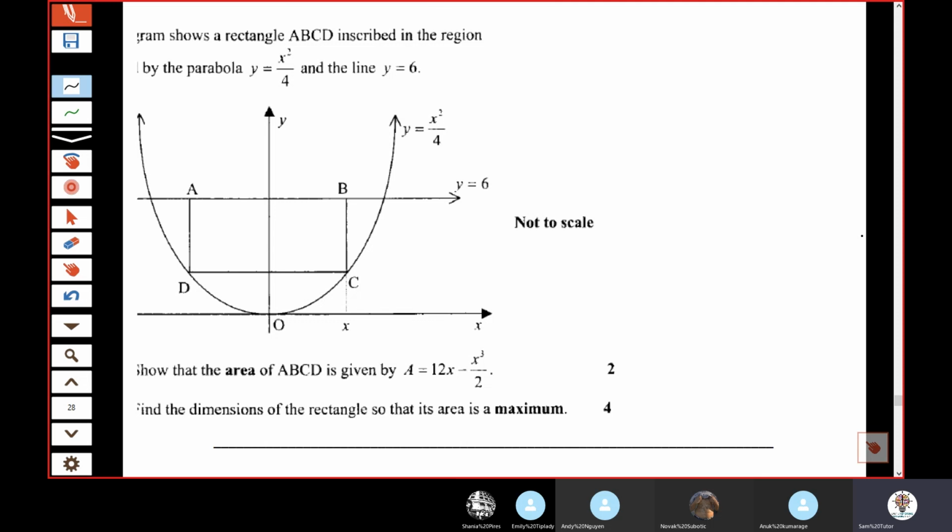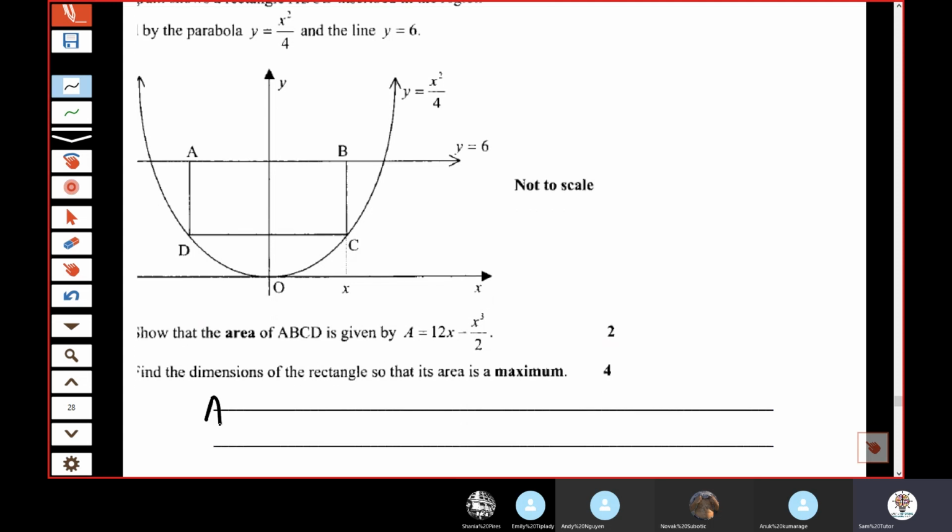Let's do this. The diagram shows a rectangle ABCD inscribed in the region bounded by the parabola y equals x squared on 4 and the line y equals 6. Show that the area of ABCD is given by this. To find the area of ABCD, what formula am I going to use? The area of a rectangle, which is just base times height.